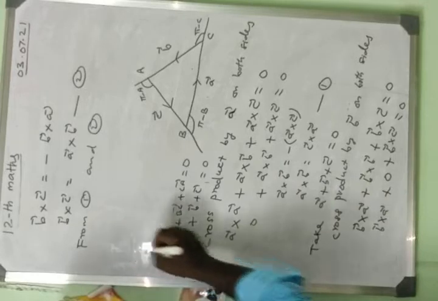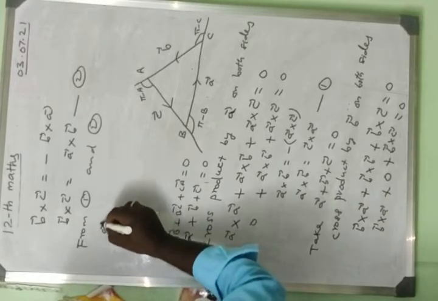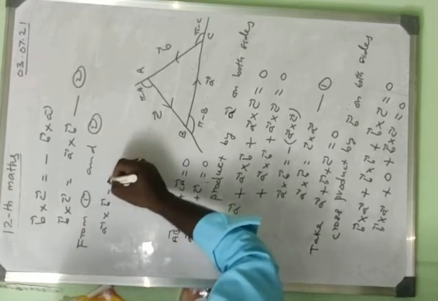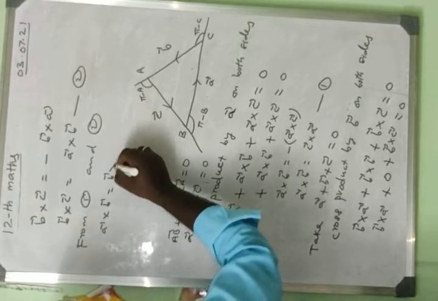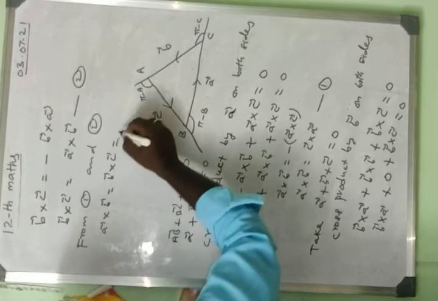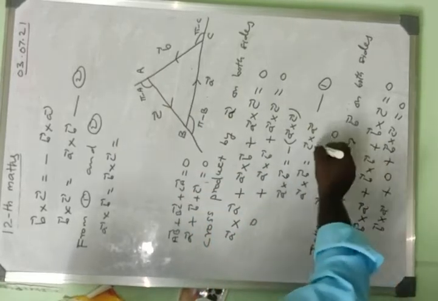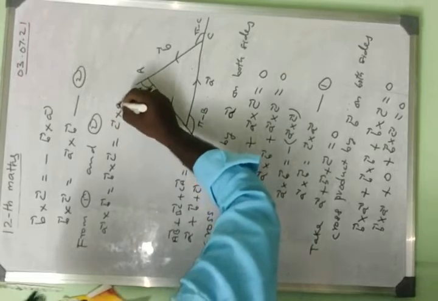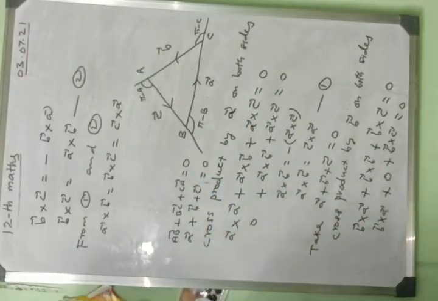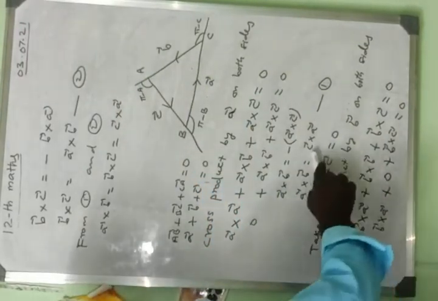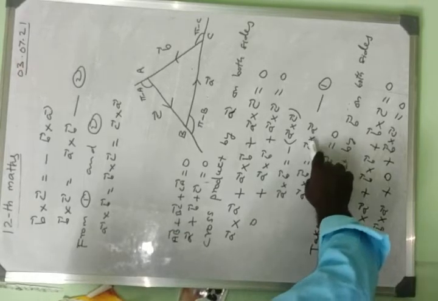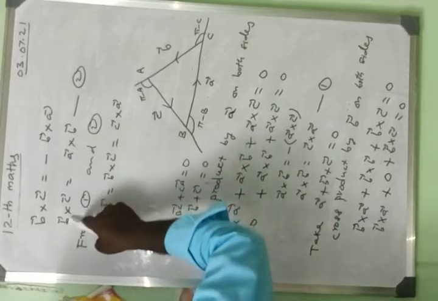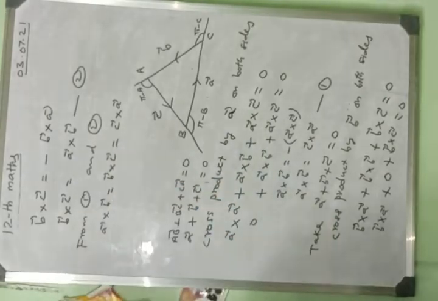Therefore A cross B equal to B cross C is equal to C cross A, like this.